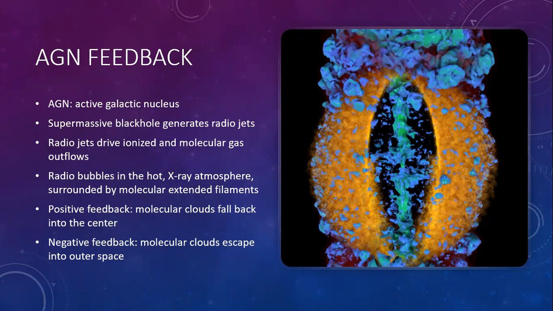On the contrary, if the molecular clouds are powerful enough to escape the galaxy into outer space, as the previous video pretty much has demonstrated already, the host galaxy will lose its fuel and would slowly transform from a gas-rich galaxy into what is called a red and dead galaxy at some point in the future. And this process is called the negative AGN feedback.